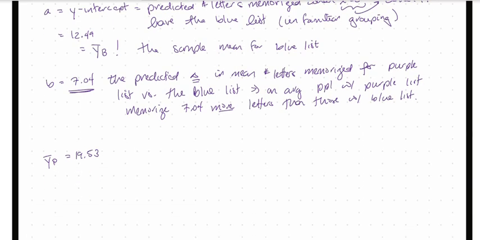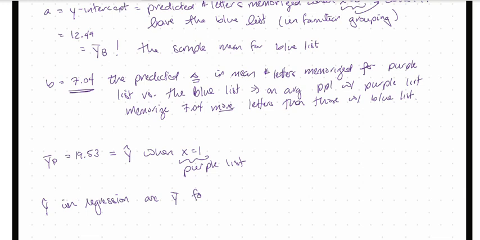So y bar p is the same thing as y hat when x equals 1, because that's the predicted response for the purple list. So when we're using an indicator, when we have a categorical explanatory variable and we convert to indicators and we treat it like regression, our y hats in regression are y bars for the two-sample t-test.